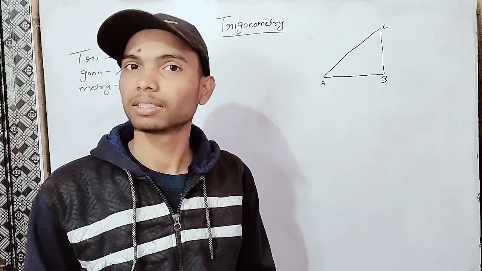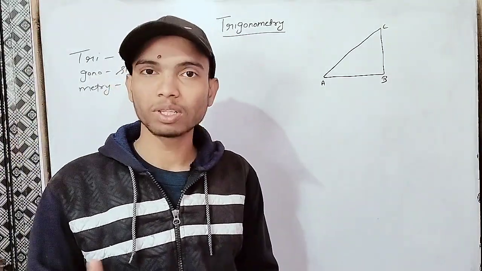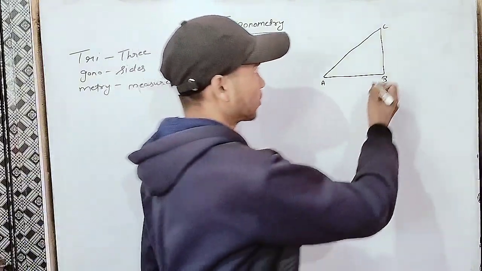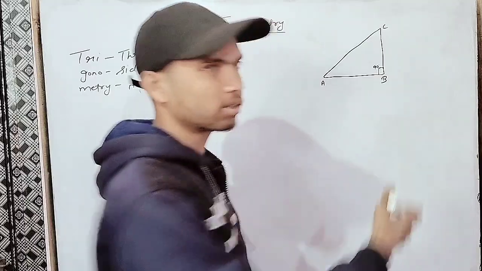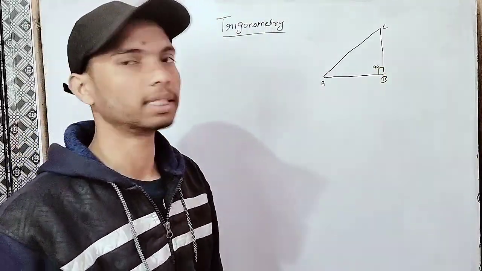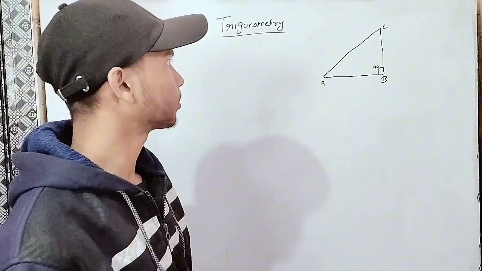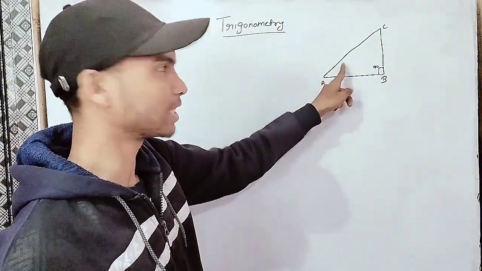So we have a triangle with a 90 degree angle, because this side is straight. But this other angle is not 90 degree because this side is not straight.